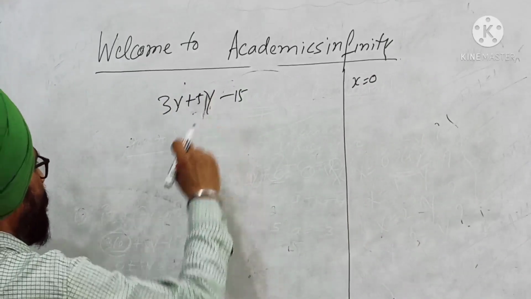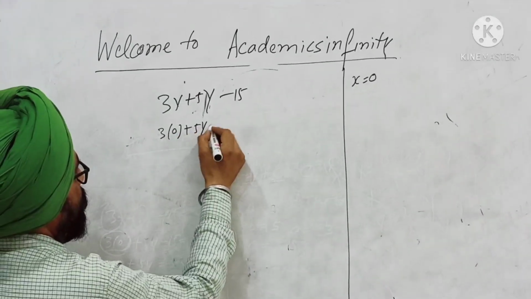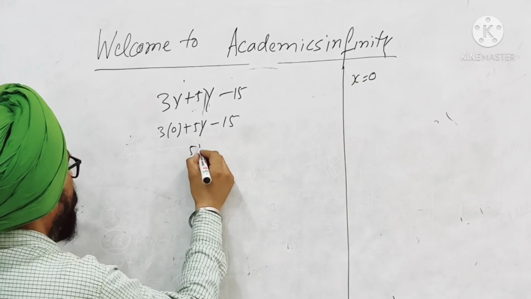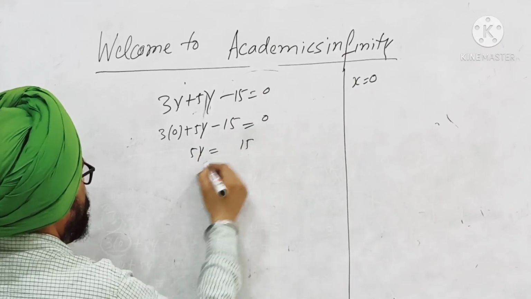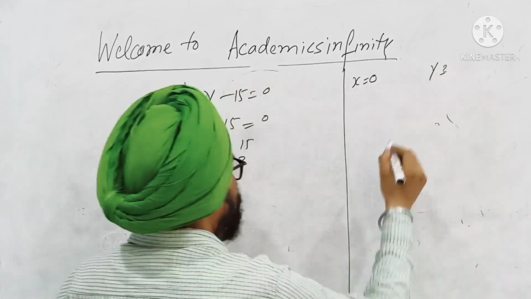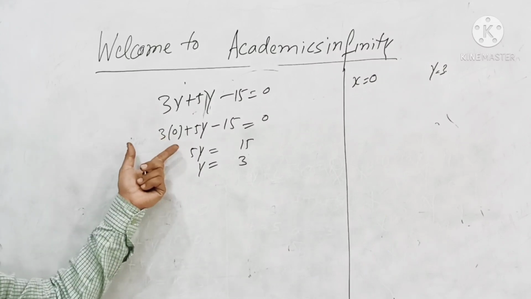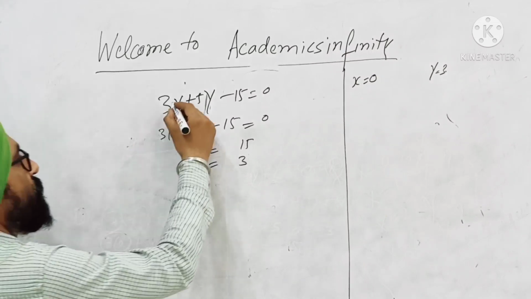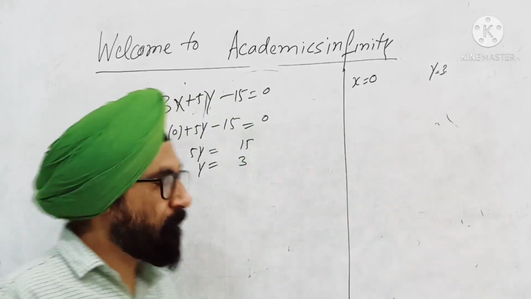If we assume that x is equal to 0, the value of y is 3. Is it clear? First we will assume that x is equal to 0, then the value of y is 3.